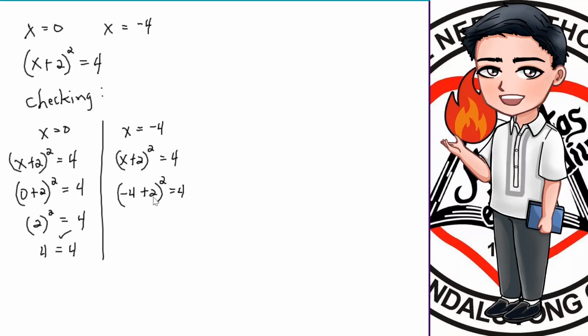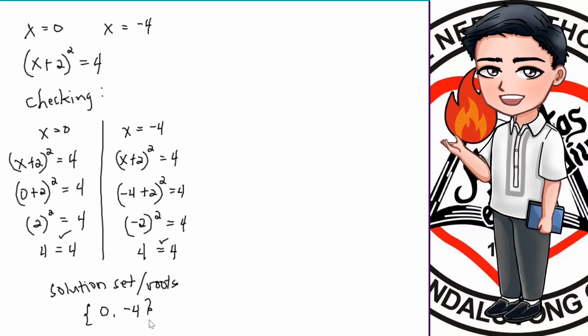So we have negative 4 plus 2 is negative 2 squared equals 4. Negative 2 squared is still 4 equals 4. Therefore, the solution set or the roots of our quadratic equation is 0 and negative 4.